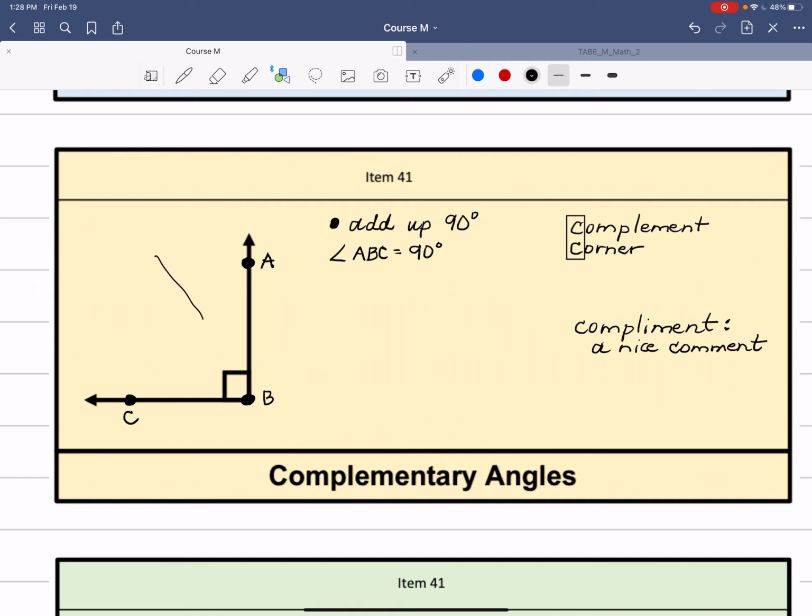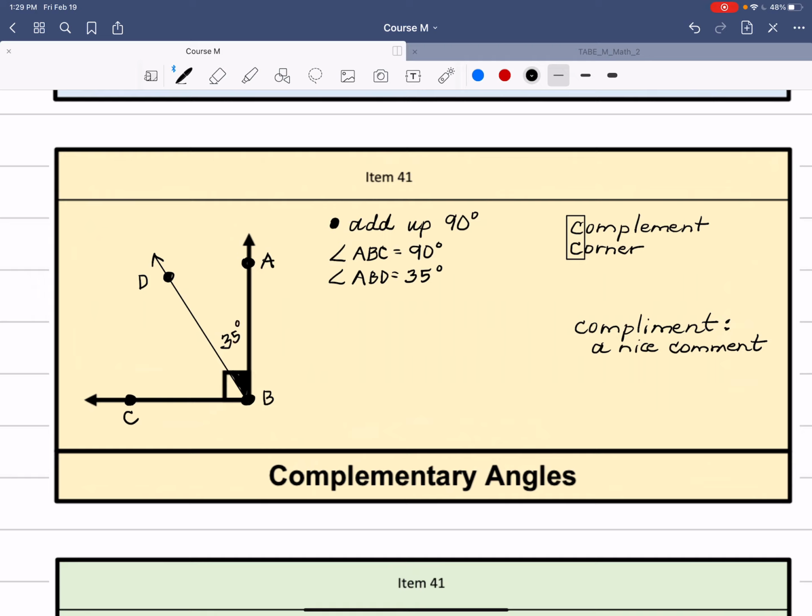Let's bring it right out of B, something like that. It doesn't have to be perfect. And let's call this one point D. And I'm going to tell you that angle ABD is 35 degrees. So this part right here, angle ABD, is 35 degrees.